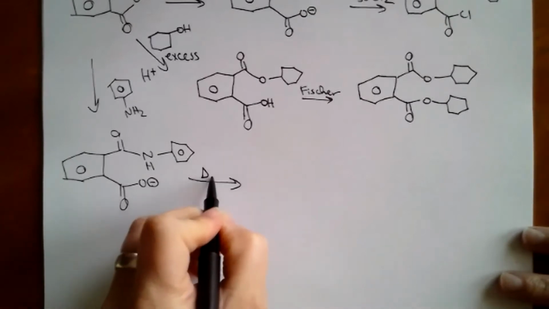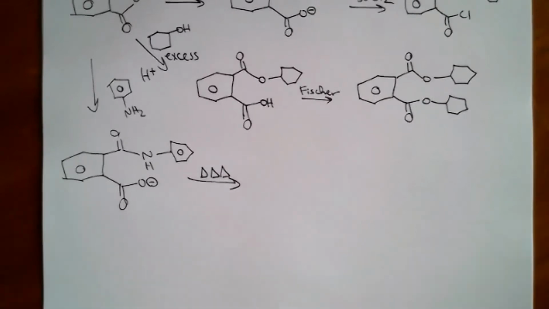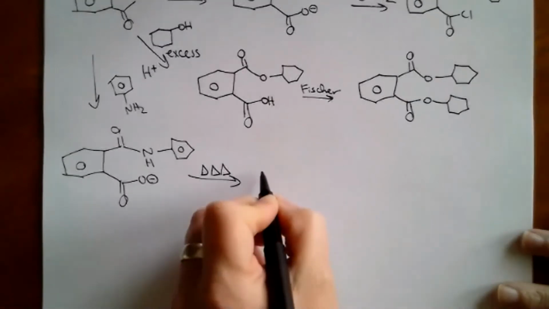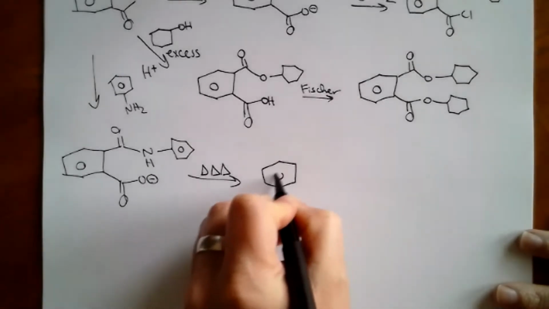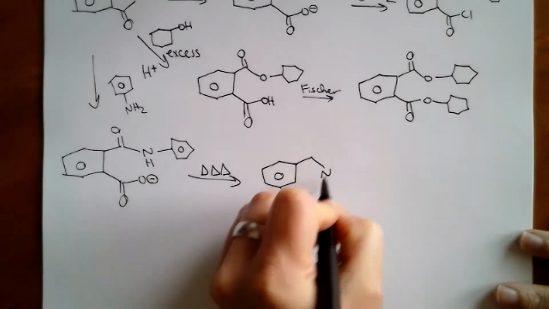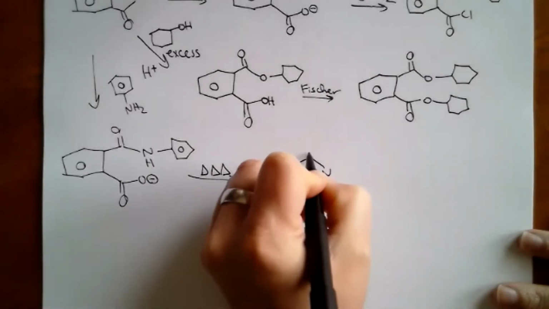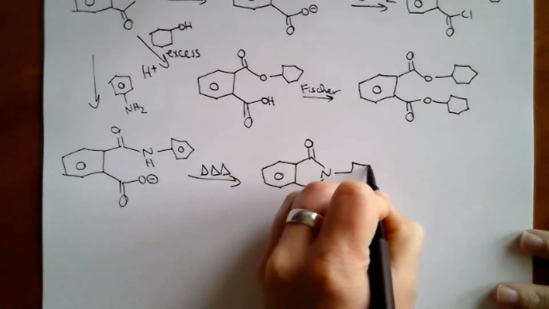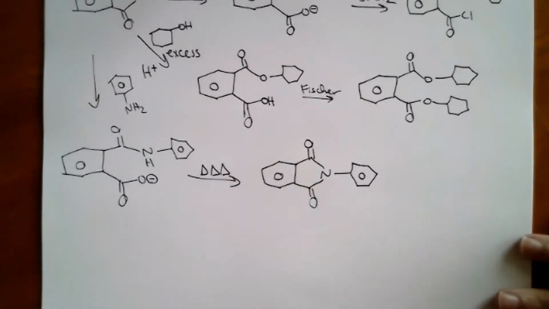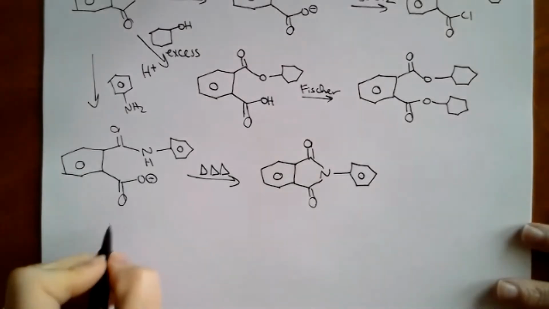But if I cook this, and I mean cook it a whole lot, cook it, and cook it some more, I can get another condensation reaction to happen. Condensation simply means losing a small molecule. I meant to say that earlier. All the reactions we have drawn a mechanism for today are condensation reactions.